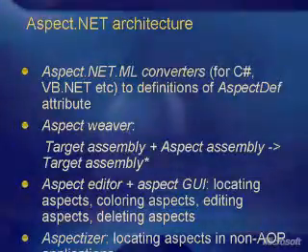The architecture of Aspect.NET is as follows. Since we provide a simple meta language for aspect definition, or a set of aspect-oriented annotations, we have to use a specific converter for each .NET language to convert this annotated source into ordinary source in C#, Visual Basic.NET and so on. Then the Aspect Weaver takes the target assembly and the assembly which represents the aspect, and weaves this aspect and generates the updated assembly.